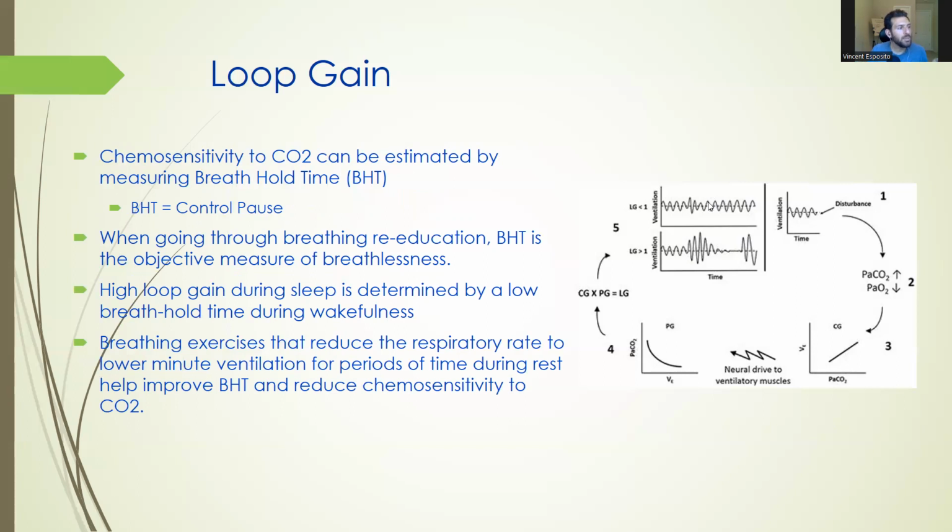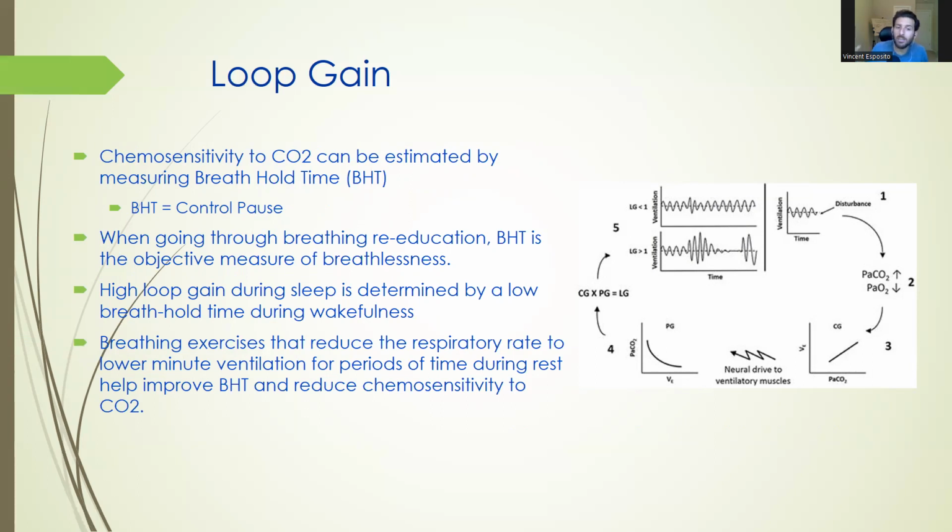We do know that chemosensitivity to carbon dioxide can be estimated by breath hold time, which is what they call it in studies, but breath hold time is simply another term for control pause. So when you're doing these breathing reeducation exercises, control pause or breath hold time is the objective measure to use. We know that high loop gain during sleep is determined by a low breath hold time.